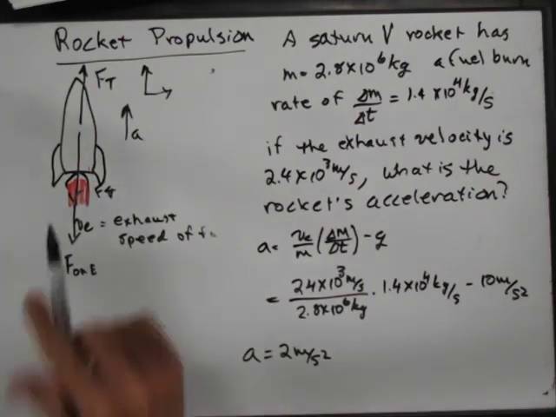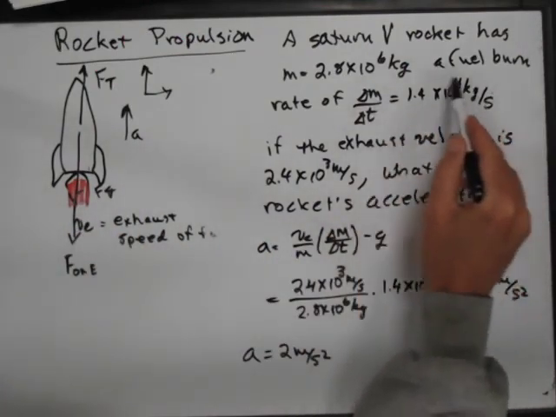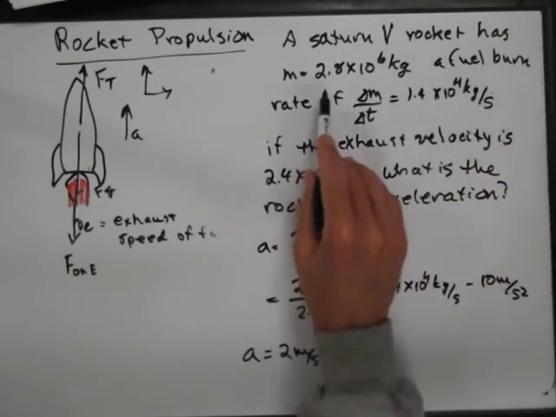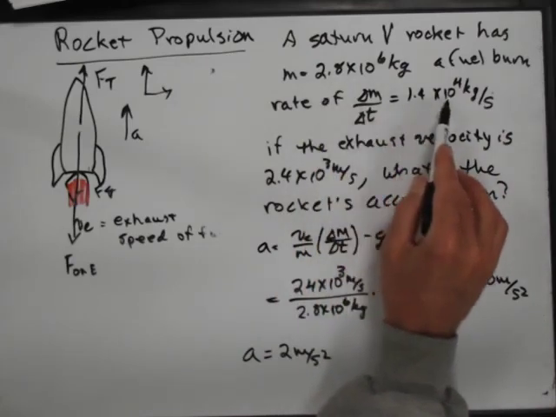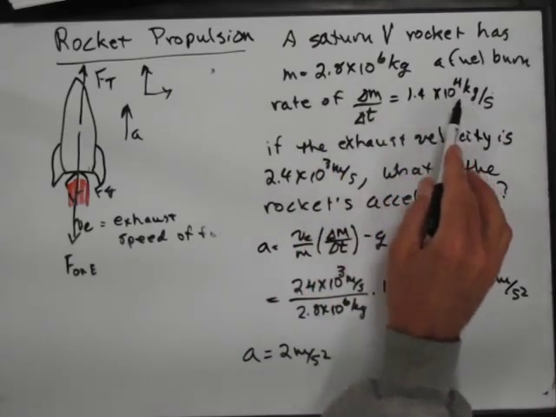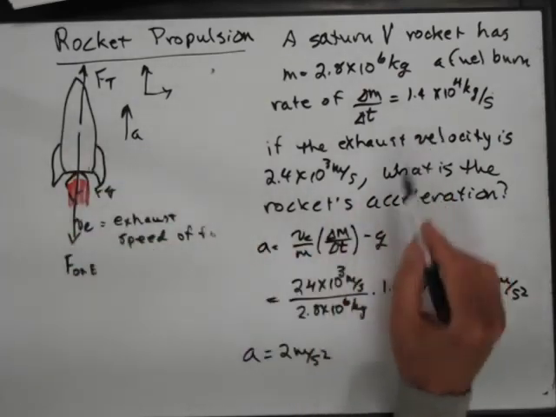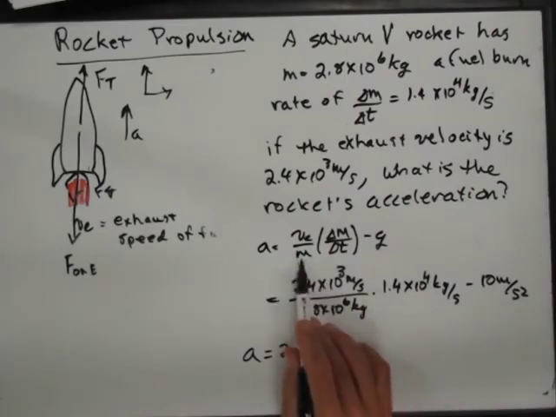If it keeps burning fuel at the same rate, if this number stays constant, and this number stays constant, then this number is going to be steadily decreasing. It's going to be decreasing by 1.4 times 10 to the 4th kilograms every second. And so as it gets higher and higher, it'll go faster and faster and accelerate at a greater and greater rate because this mass is getting smaller and smaller.